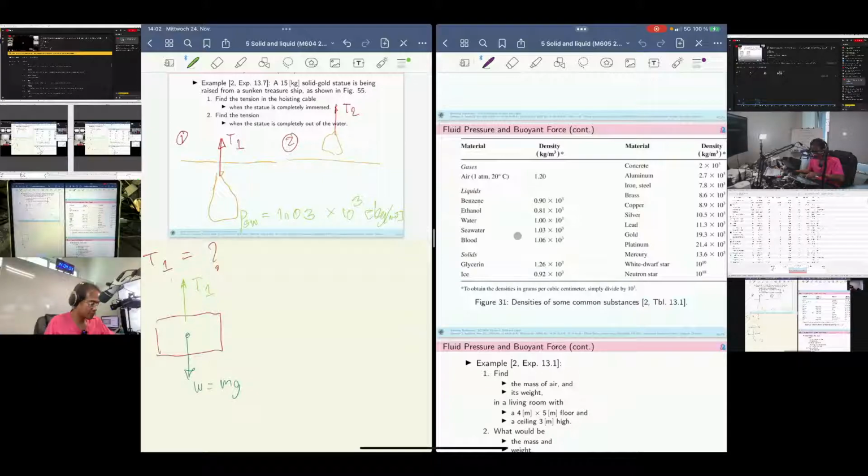And as you know, the mass of this statue is 15 kilograms. That's the detail written in the data sheet in the palace. Minus, we are going to use the seawater density right here.